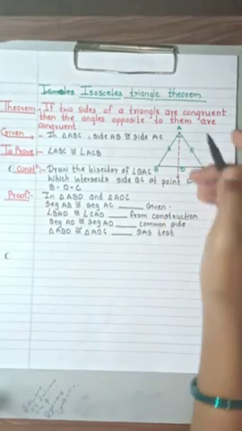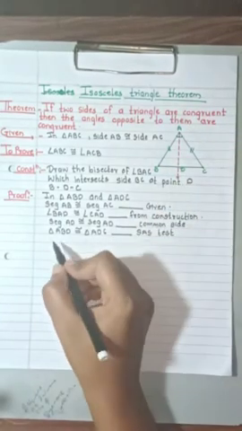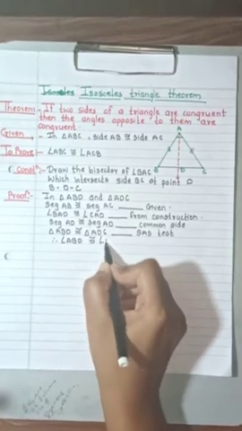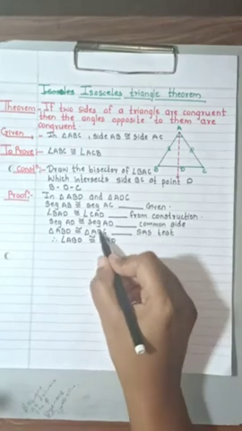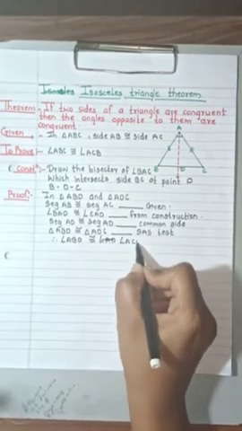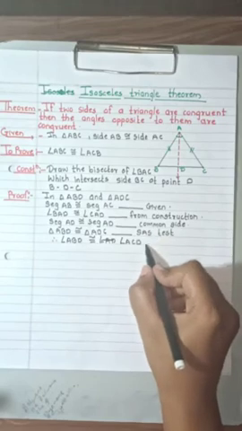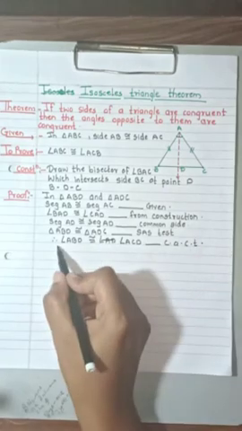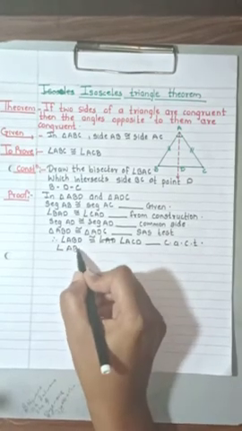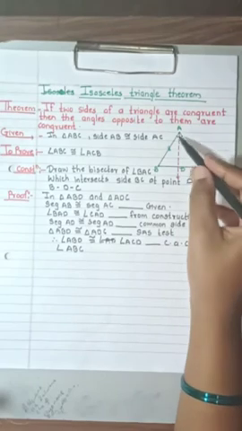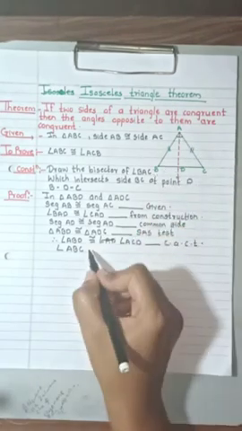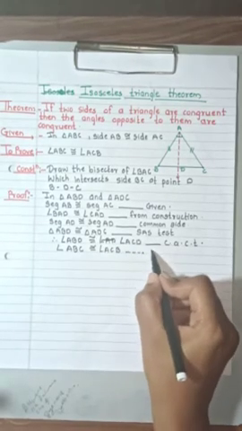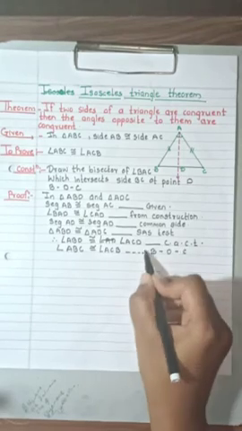As both the triangles are congruent, therefore these angles will also be congruent. That is by CACT. Now you can say that angle ABC is congruent to angle ACB, since B-D-C.